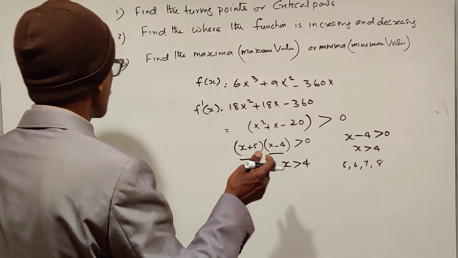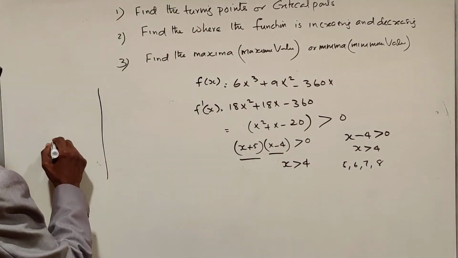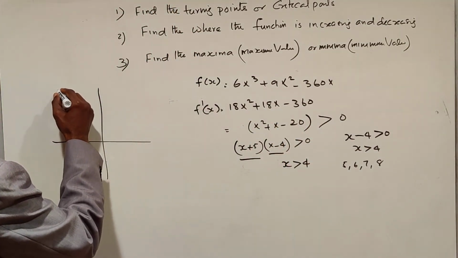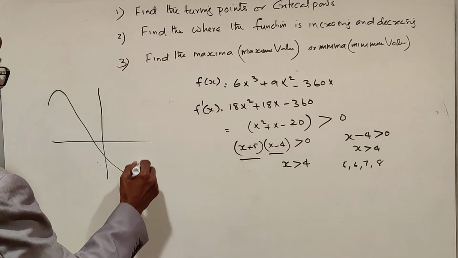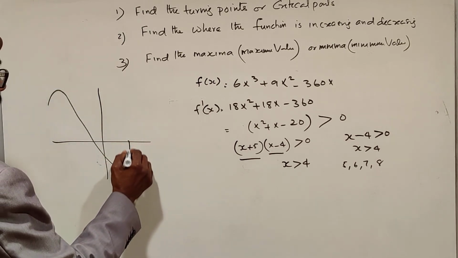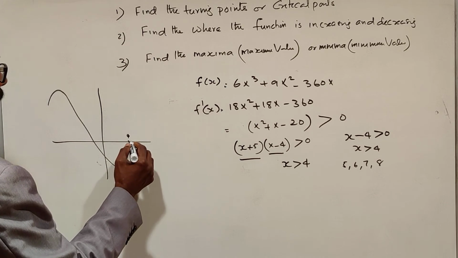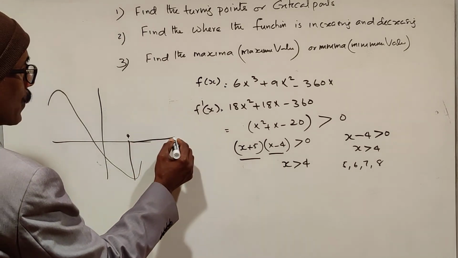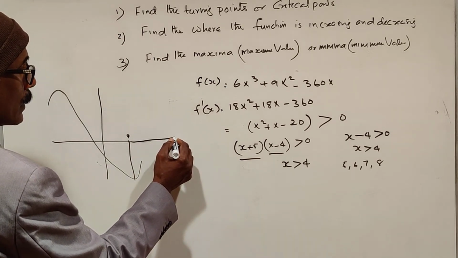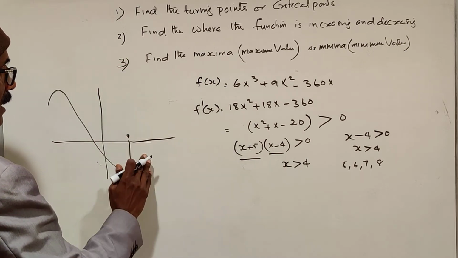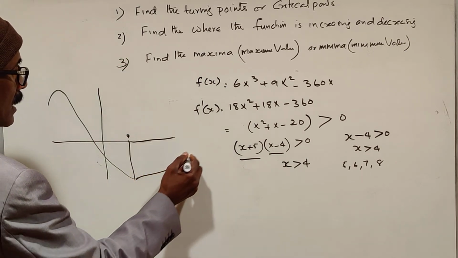The function is something like this, right? This was the graph. This is 4. When x is greater than 4, the function is increasing.